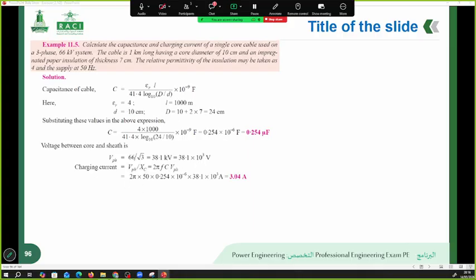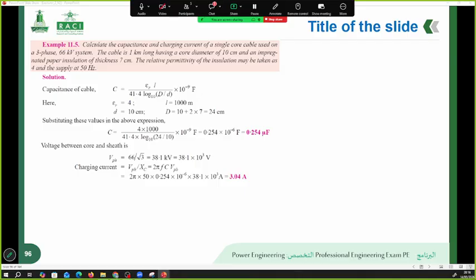So this is another example. This is a practical example of calculating the capacitance and charging current of a single core cable used in a three-phase 66 kilovolt power system. The cable has a length of 1 kilometer, a core diameter of 10 centimeters, and an insulation thickness of 7 centimeters with a relative permittivity of 4.